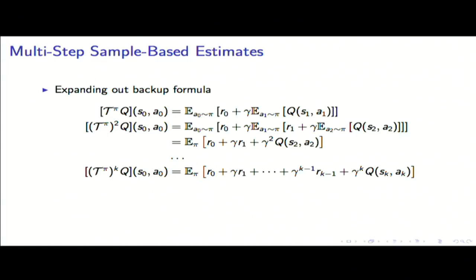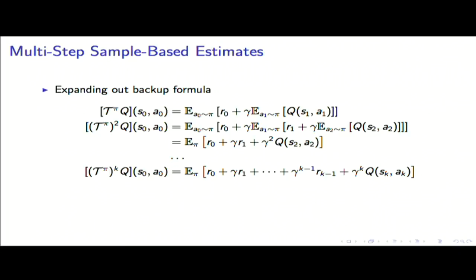We take T pi and we apply it to T pi Q. So we substitute that into the right-hand side here, and we get a 2-time step expanded version of the formula. And we can do that k times, and we get this k times expanded formula where we have k rewards and then the Q function k time steps later.